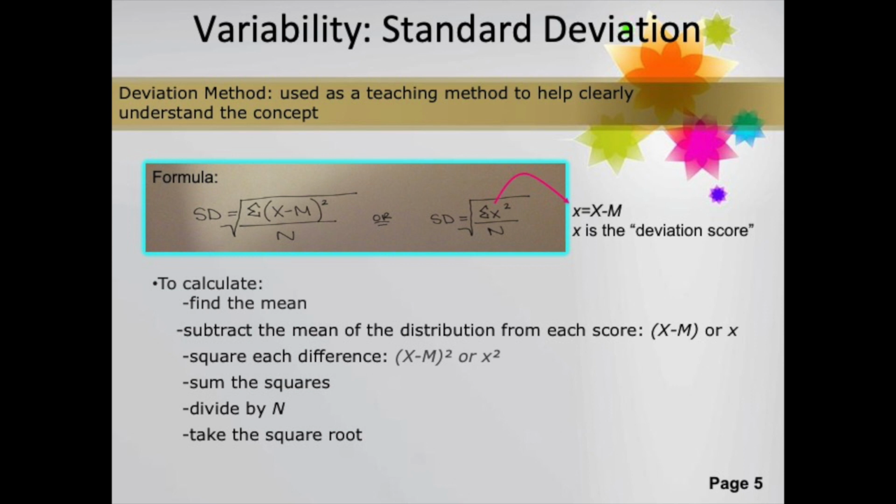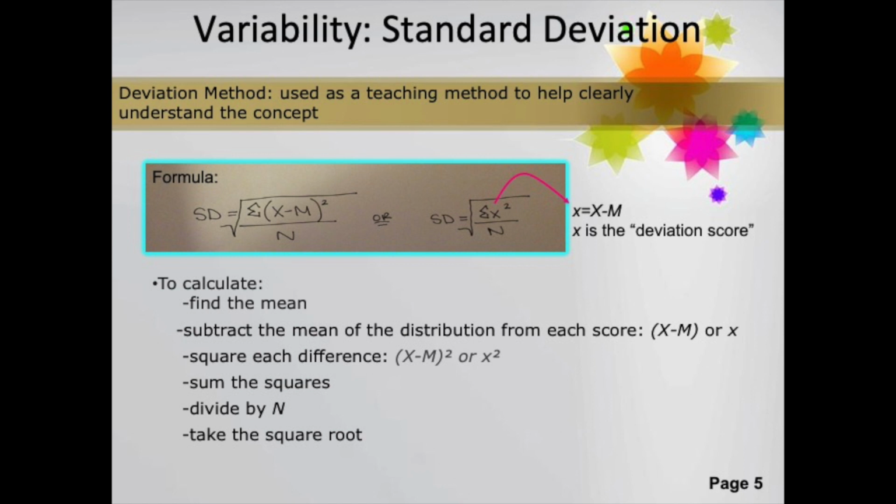So what that's going to leave you with is a bunch of little x's, or deviation scores. And those deviation scores, if it's a normal curve, should be positive just as much as they are negative. So I should see an equal number of positive deviation scores on the right side of the curve, and I should see an equal number of negative deviation scores to the left of the curve.